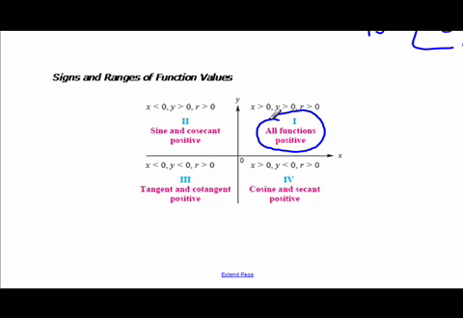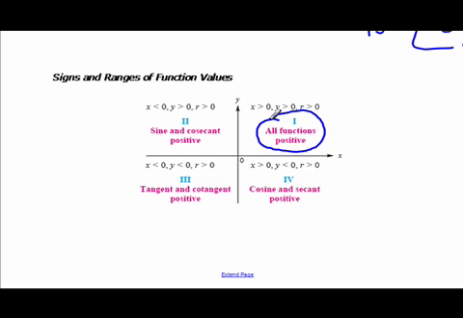But in quadrant 1, all of them are positive. Quadrant number 2, the sine and its reciprocal are the only trig functions that give a positive number. Quadrant 3, tangent and its reciprocal are the only functions that give you a positive number. And quadrant 4, cosine will end up being a positive value.